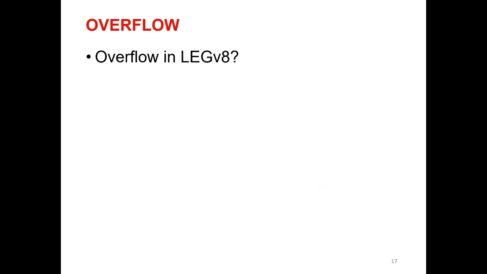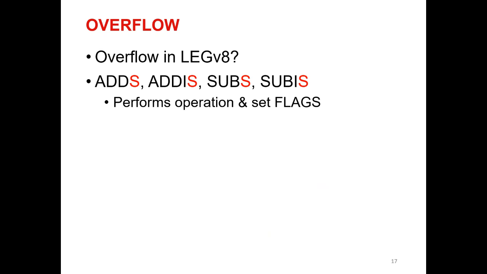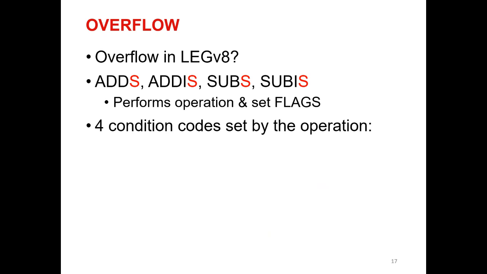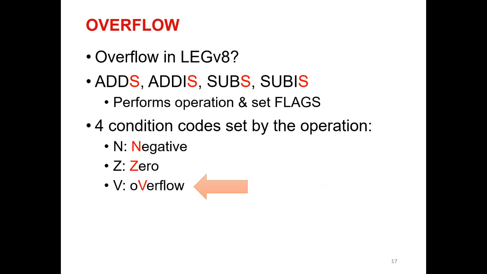So how do we manage overflow in LegV8 assembly language? For that, we have the flags. Remember, yesterday we also mentioned those condition codes or flags, and we commented that we have 4 condition codes. One was negative, one was zero, and the one we are focusing on today is the overflow.